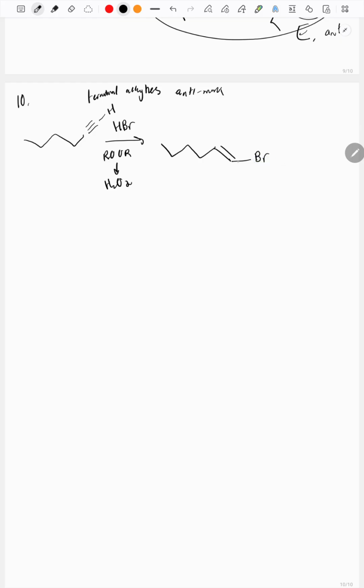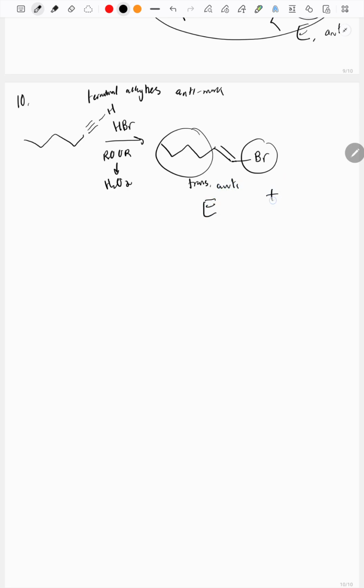It's not the only product because, as we learned, it could form different stereoisomers. Now, what would this be? This would be trans. In other words, this would be anti or E, as in for opposite.